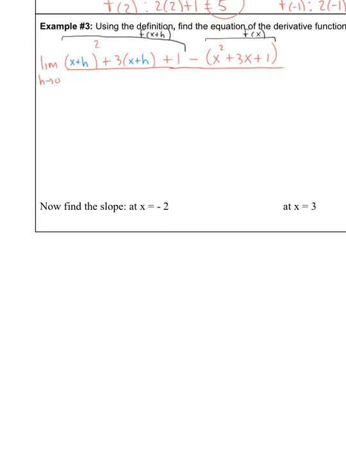All right? Okay, second step, now I just go to work and I expand. So I still have the limit as h approaches 0. If I square x plus h, remember I get x squared plus 2hx plus h squared. Now I have to distribute the 3x plus 3h.